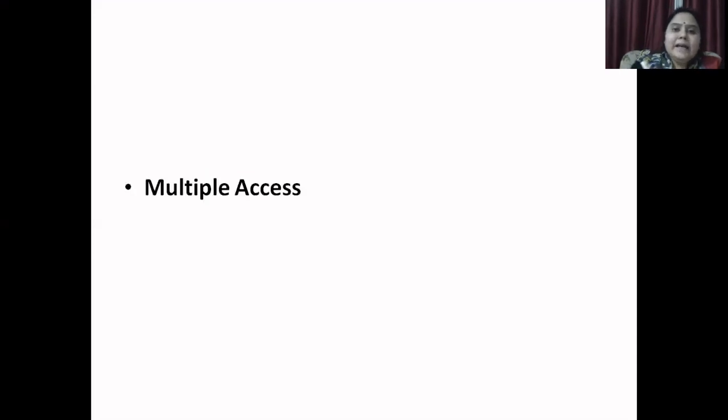Now, multiple access. The GSM network uses a combination of frequency division multiple access, FDMA, and time division multiple access, that is TDMA. The 25 megahertz of limited radio spectrum allocated for the use of the GSM network is shared by all the users by dividing the bandwidth among as many users as possible.